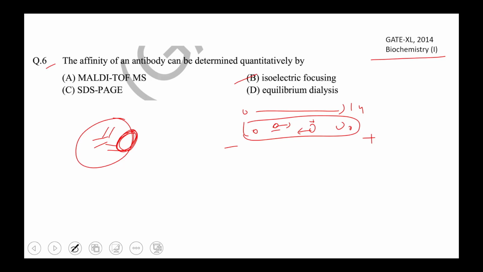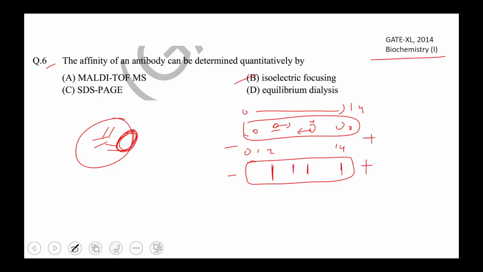until it reaches a certain pH. So here also we have a pH gradient. When it reaches a certain pH where the positive and negative charges are equal, that is the isoelectric point. That can be determined using this isoelectric focusing technique. The protein gets aggregated at a certain point, and that tells about its pI.